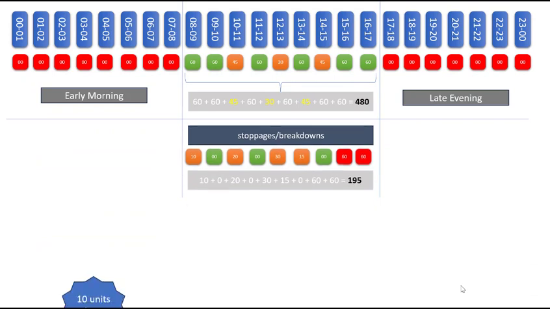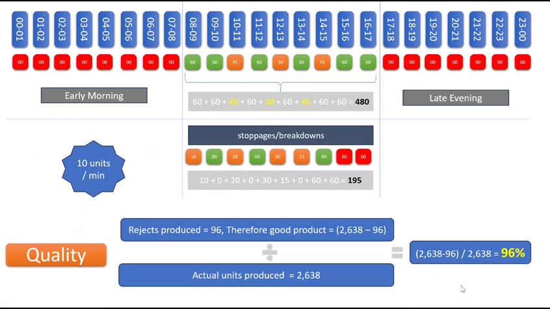On quality rate, looking at all the products produced for the shift, which is 2,638. In this example, 93 units were rejected, and therefore, good quality product produced was only 2,638 less 96, which is 2,542.